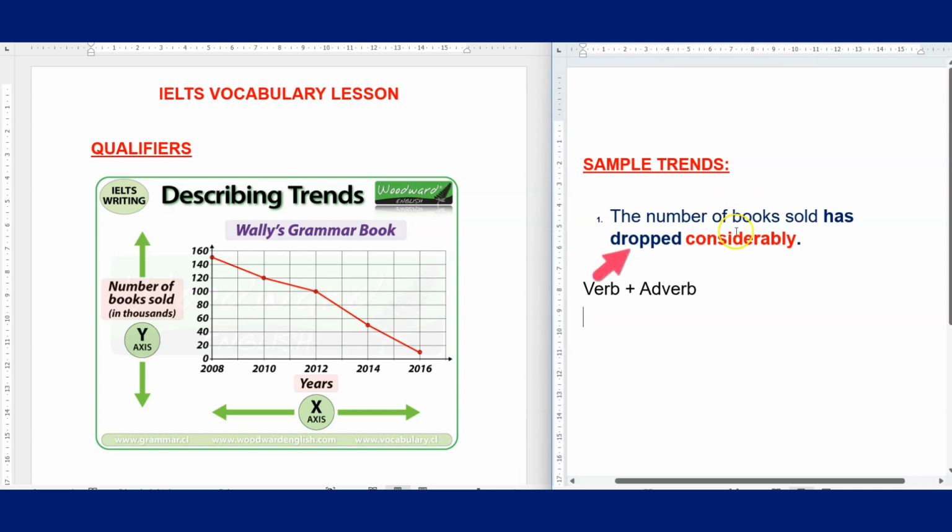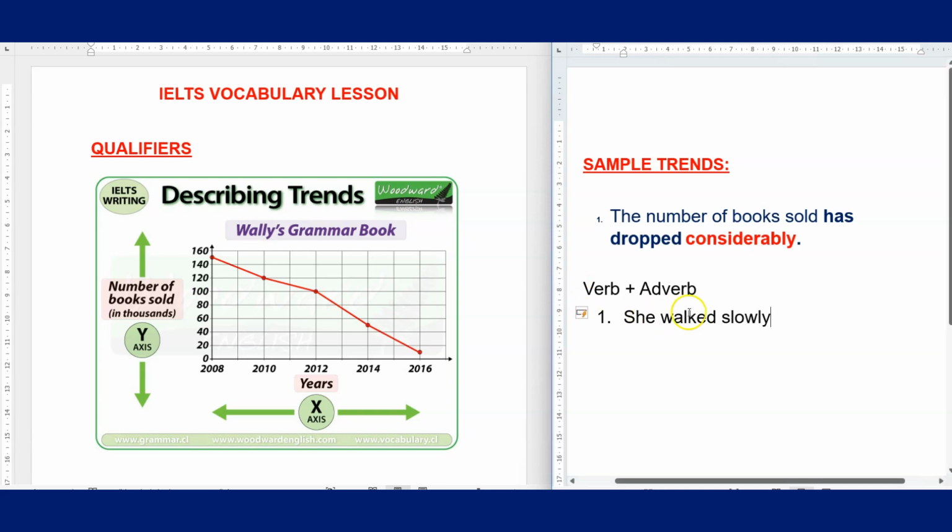Drop is the verb, and considerably is the adverb. Dropped is the past tense of the word drop. So that is how the word order becomes. Let's look at some examples. We can say that she walked, she walked slowly.